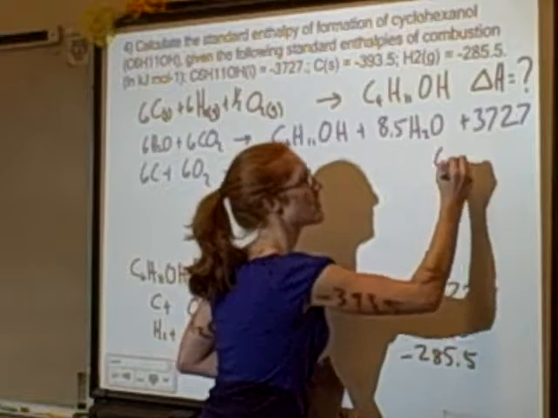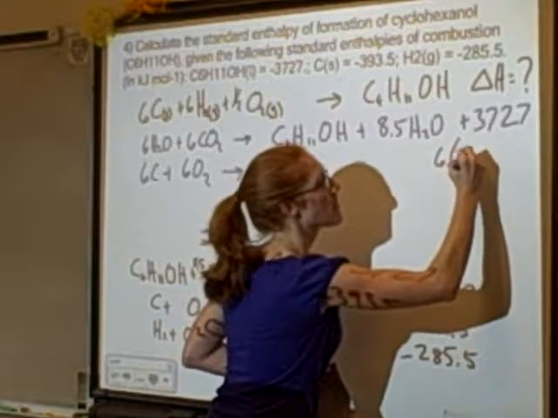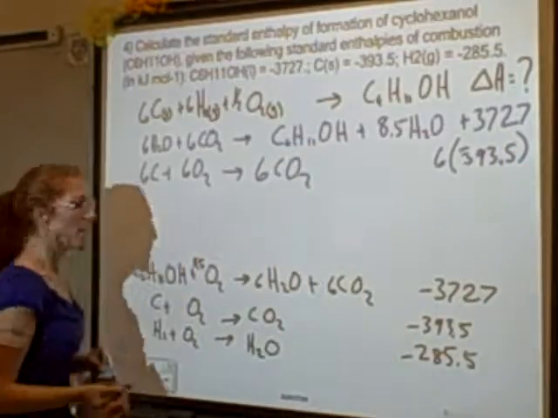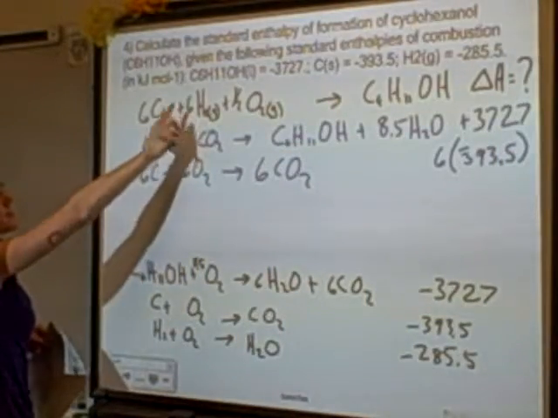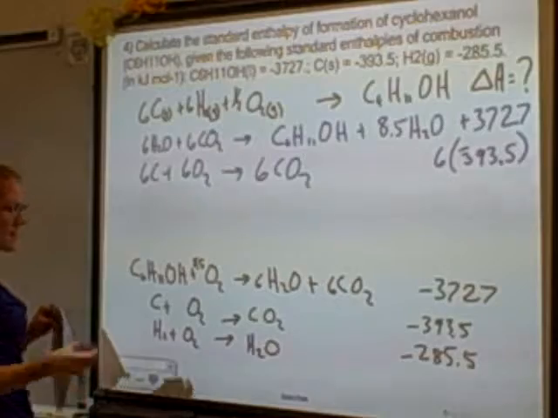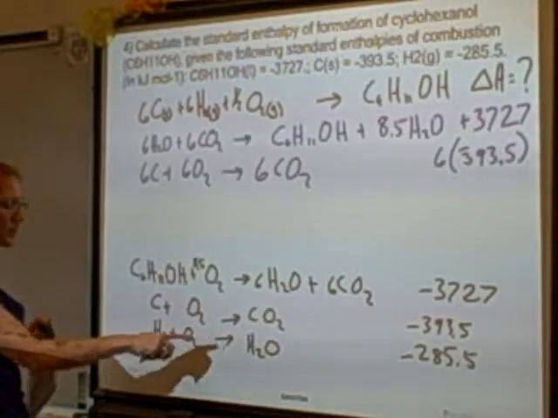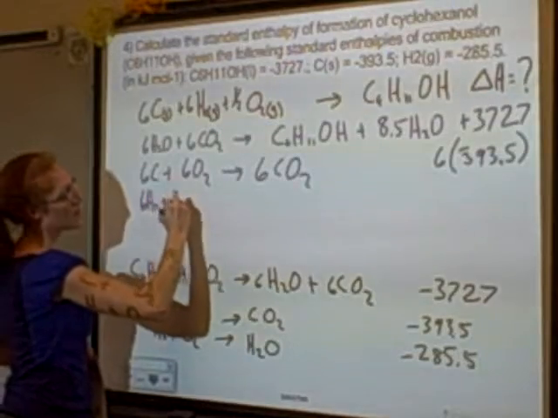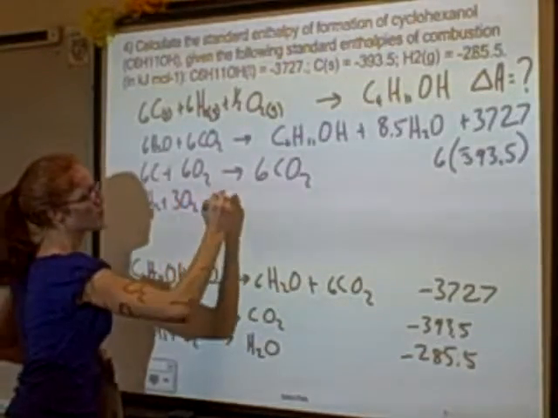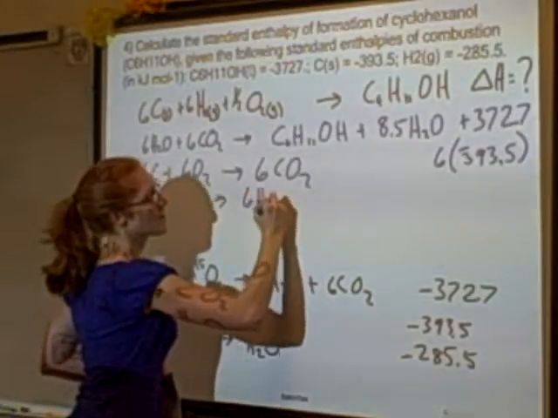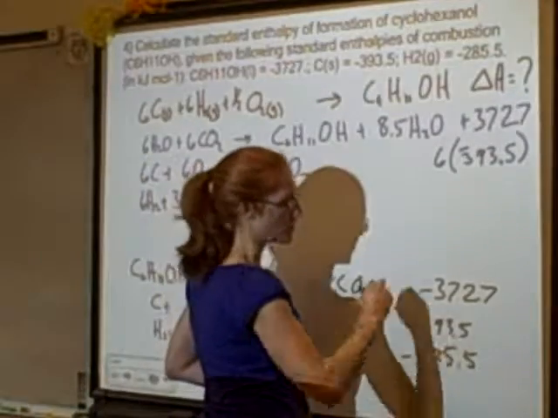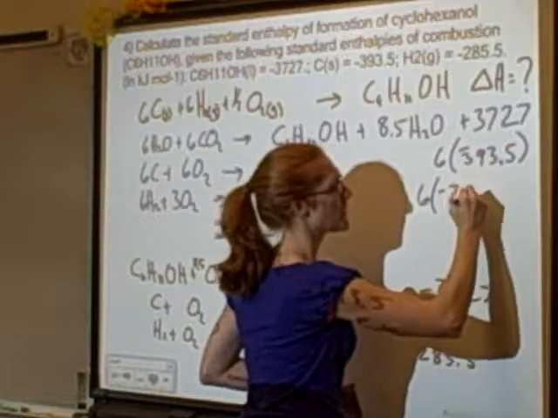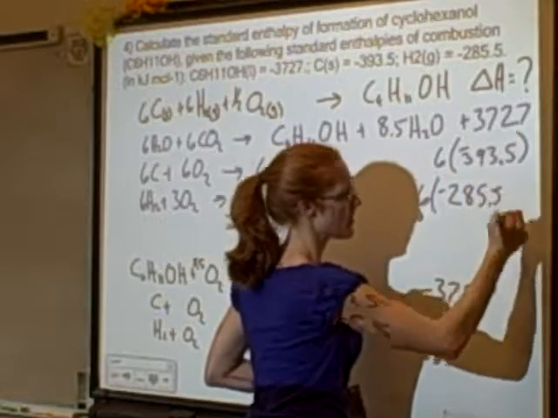So negative 393.5 kilojoules per mole. Then I also see that I need 6 hydrogens, and I can get them from this step. I'll do this step 6 times. So 6 H2 plus 3 O2s will give me 6 waters. And the change of enthalpy will be 6 times what it is for doing the reaction once, so negative 285.5 kilojoules per mole.